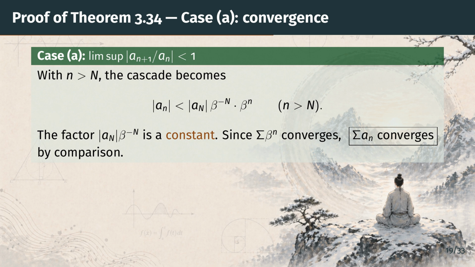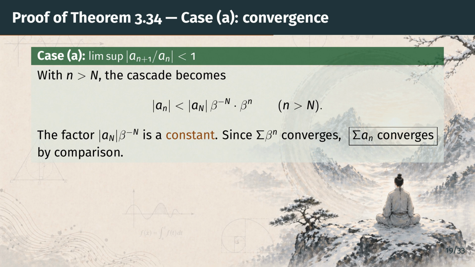The crucial point is that the constant does not depend on n. Only the beta to the n factor changes. So the terms are dominated by a constant multiple of the geometric series of beta to the n, which converges because beta is below 1. The comparison test gives convergence. The first case is done.